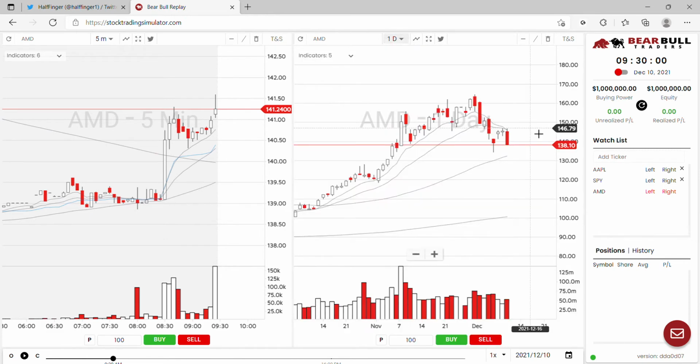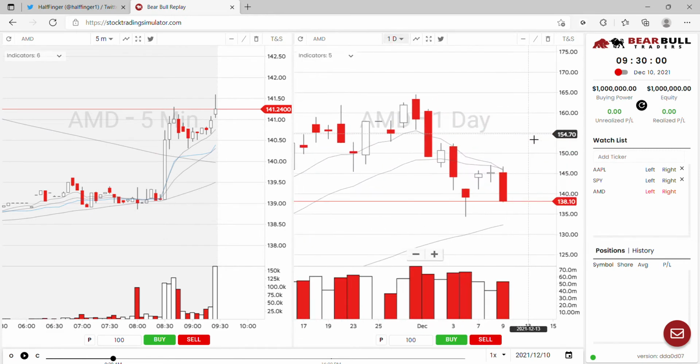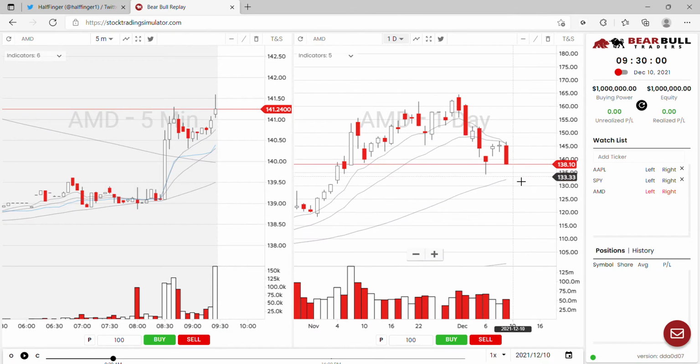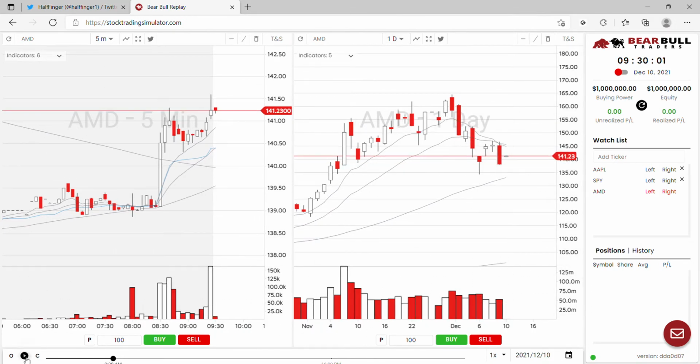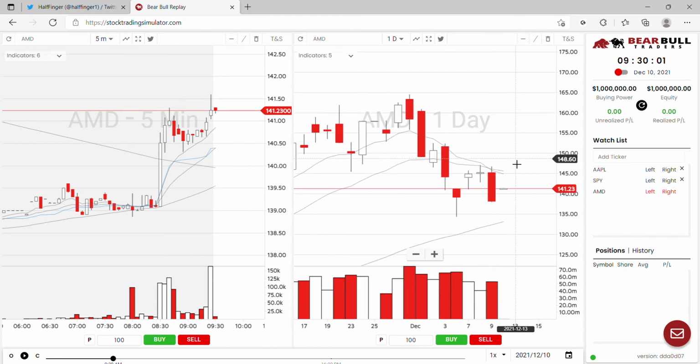So to start, I want to find some levels. The simulator goes to the market open automatically at 9:30, and as you can see, the previous day was a huge sell-off, rejecting the moving averages.